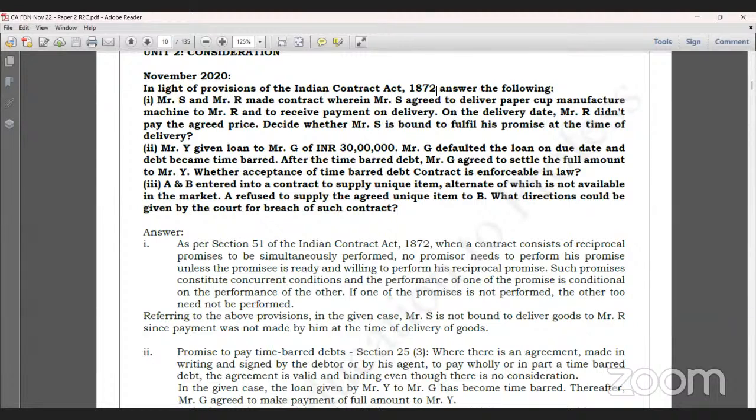Since they mentioned Indian Contract Act, we had to mention reciprocal promises.